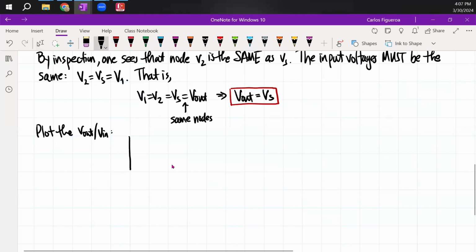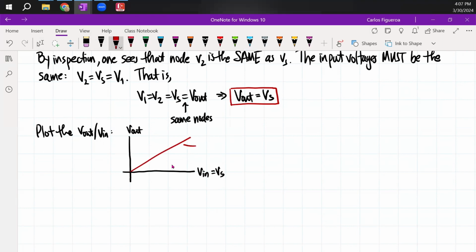This is V out, and this is V in, but V in, as you already know, is now the same as V source. That tells me I have a slope, and that slope, which is the same as the gain, is a unit gain of 1.